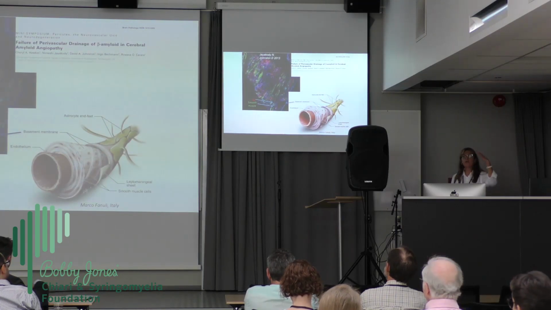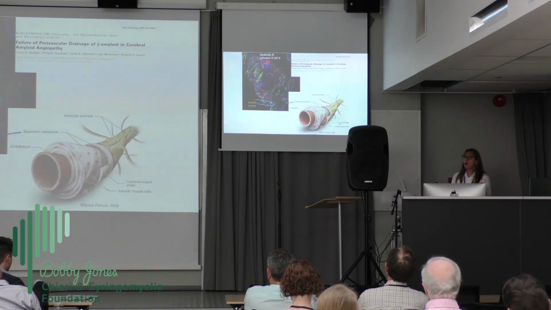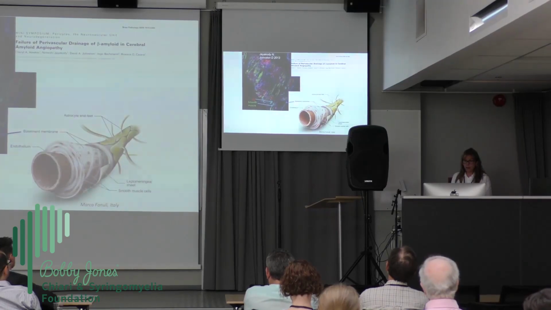And as the artery enters the parenchyma from the subarachnoid space, it takes with it a layer of pia mater, and that becomes the adventitia. That has its own basement membrane that is fused with the basement membrane of the astrocytes, becoming therefore the perivascular glial basement membrane. And all of these basement membranes are connected with each other and connected with the extracellular space.